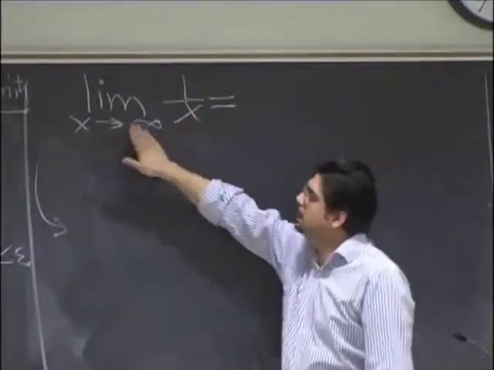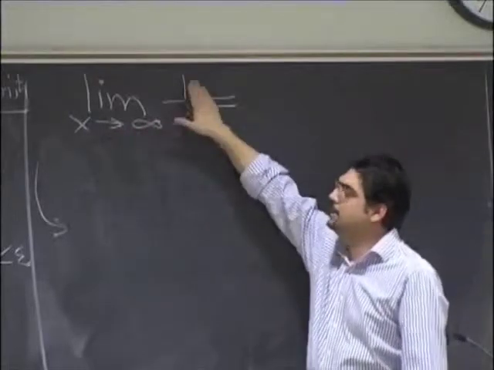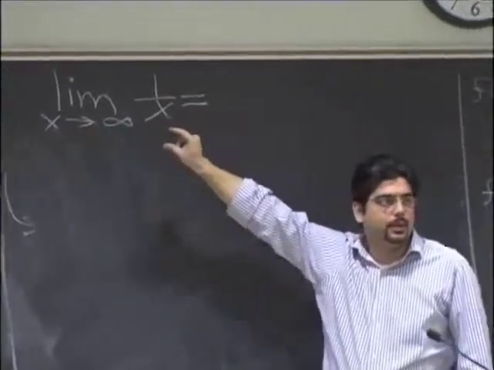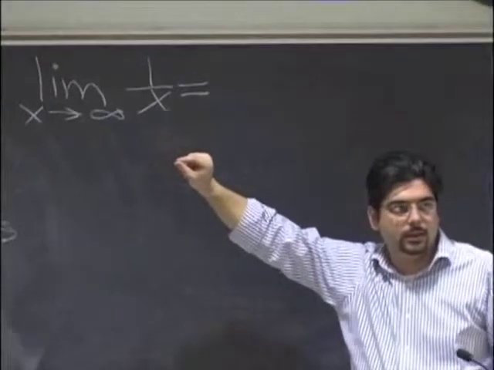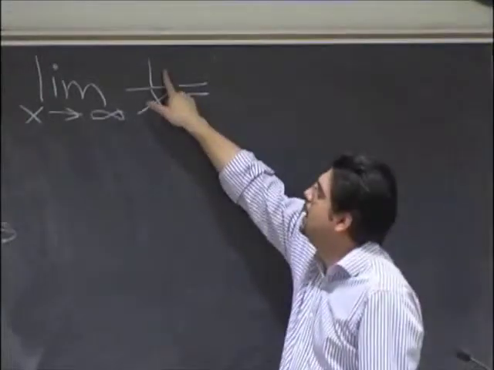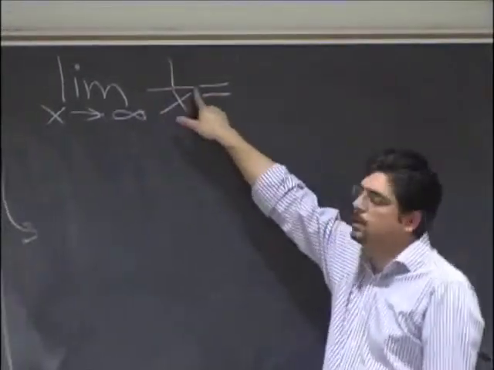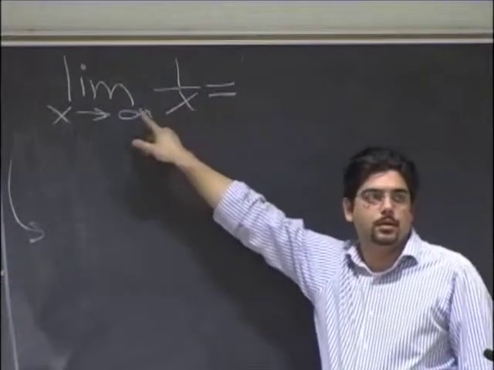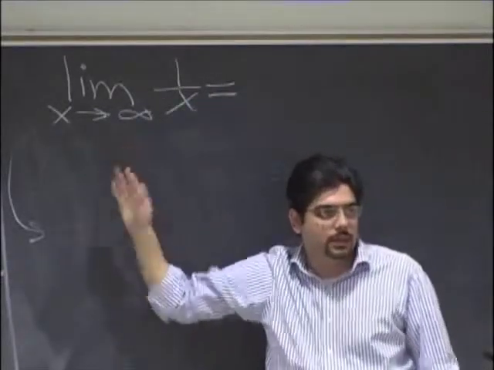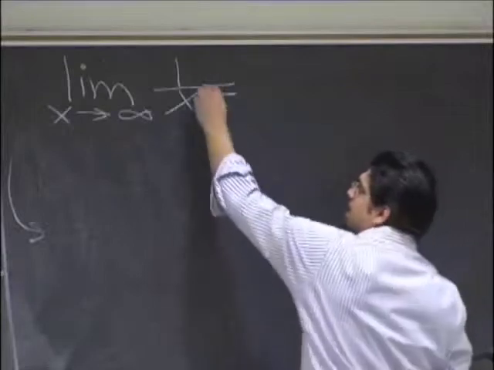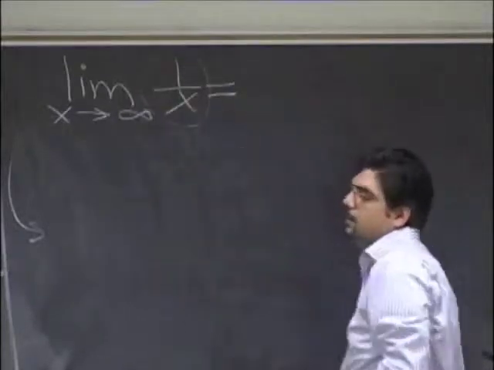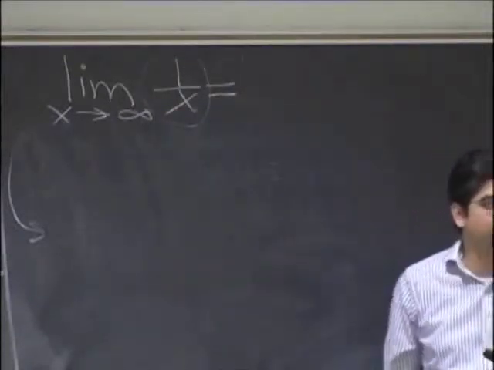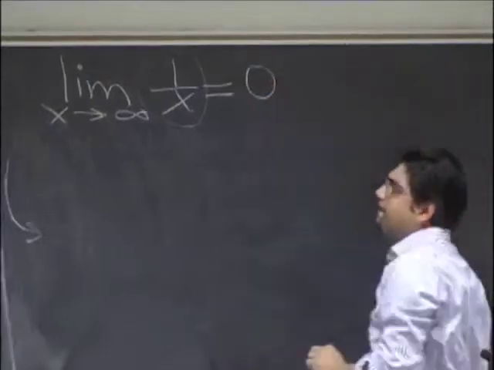So when x is getting larger and larger and larger, what happens to its reciprocal? It gets smaller and smaller, right? And as a matter of fact, how can I make this really small? Make x really large, right? And so I can make this as small as I want. What is that number that it approaches? 0.